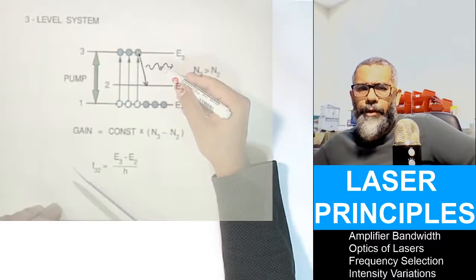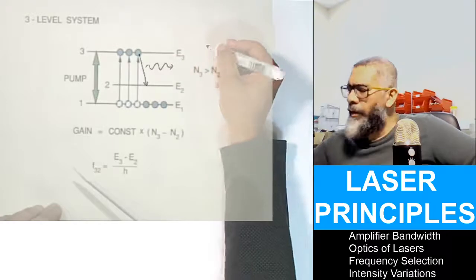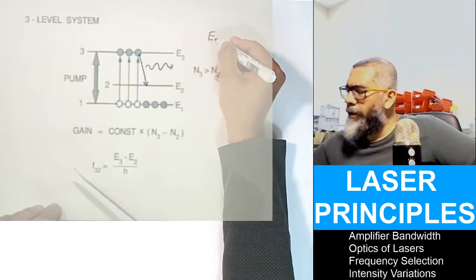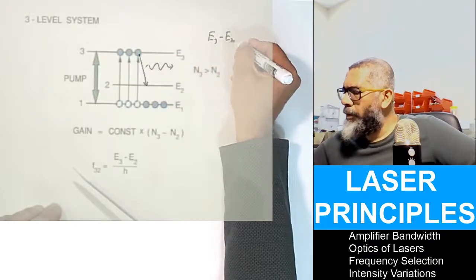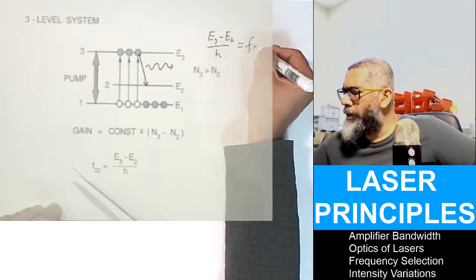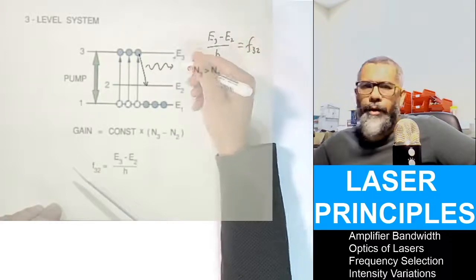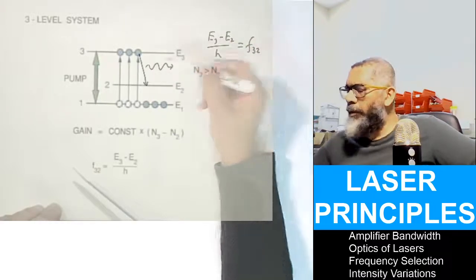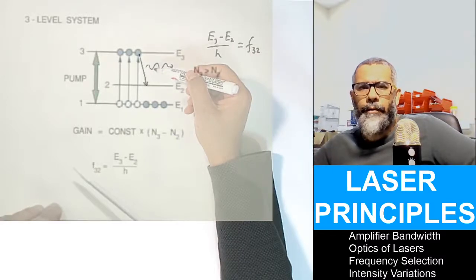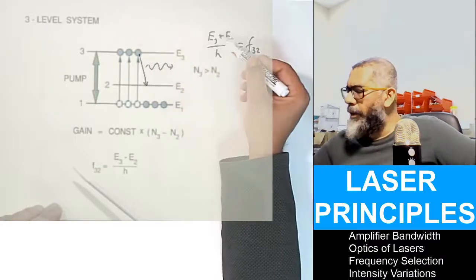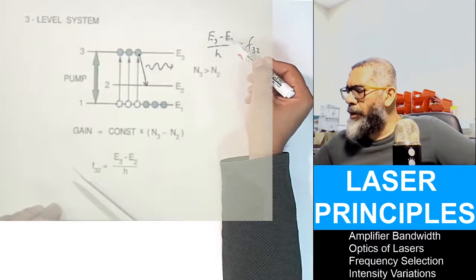And the frequency of this photon, of course, will be just E3 minus E2 divided by h. And this is F32, because we label it F32 since the photon has a frequency that matches the difference between the third and second energy levels.